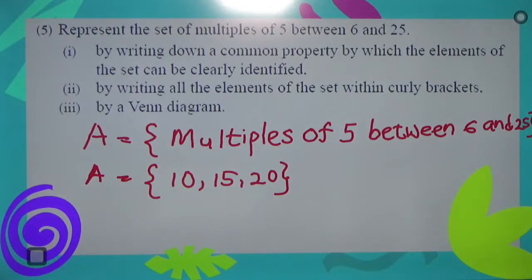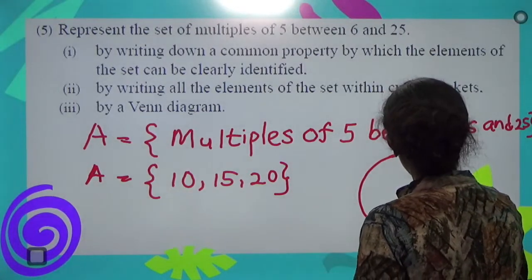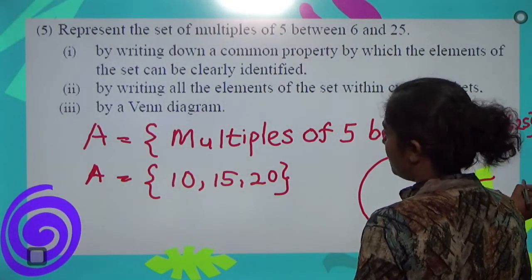Multiples of 5 between 6 and 25, no? They are 6 and 25. Can we include 5 then? No, right? Then Venn diagram. So, you have to use a closed figure and you have to name that one as A, the name we have given.